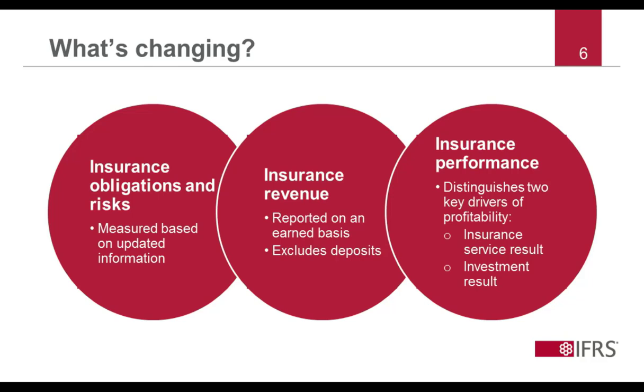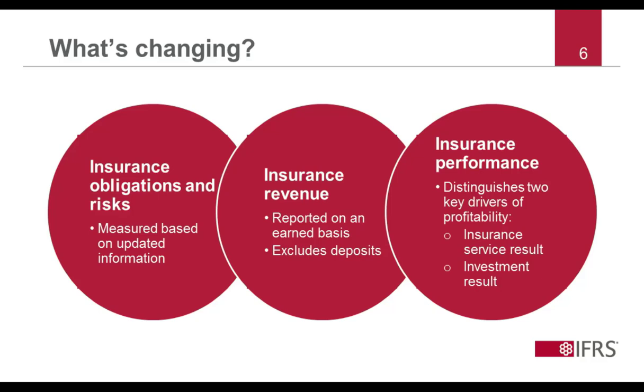The third of the bubbles deals with performance, specifically profitability and how an entity reflects its profitability. IFRS 17 requires companies to provide consistent information about the drivers of current and future profits that they reflect in their results, but also provides information about how those profits are expected to be delivered in the future.